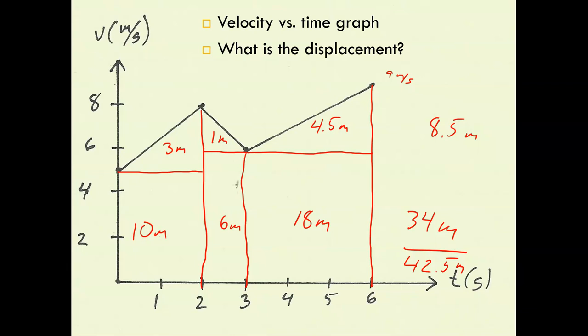Okay, so the end result is this. We've got some relationships between position, velocity, and acceleration. We see that the slope of the position graph will give us the average velocity.